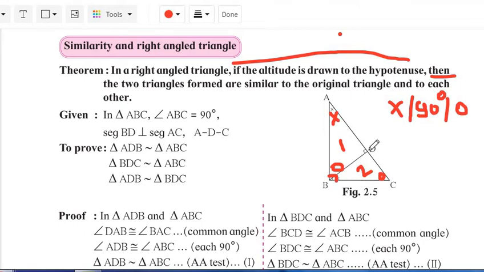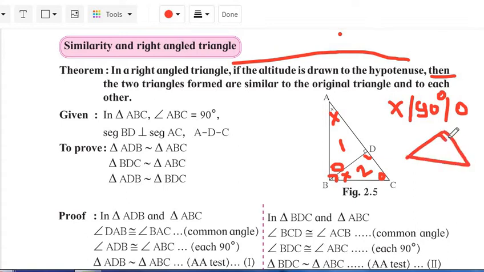Similarly in this triangle 2, see here. This is 0. Angle D is 90. Then this angle B is cross. See this triangle, I draw here.